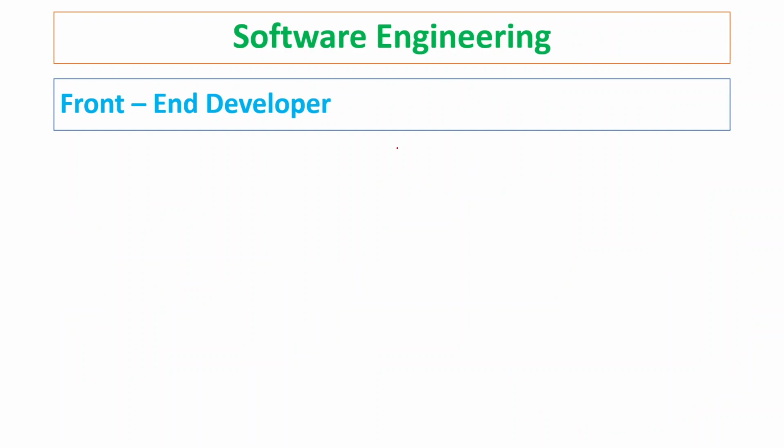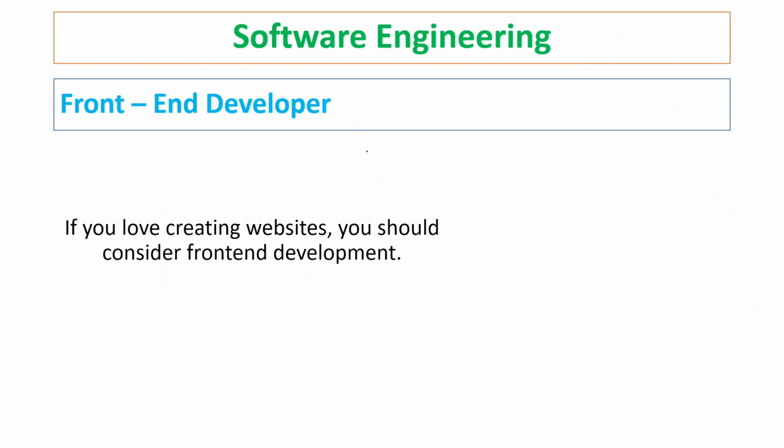Okay, so one path is front-end developer. If you love creating websites or applications or any other project, you should consider front-end development, right? But if you love to do the back-end part, then you can become a back-end developer, right?